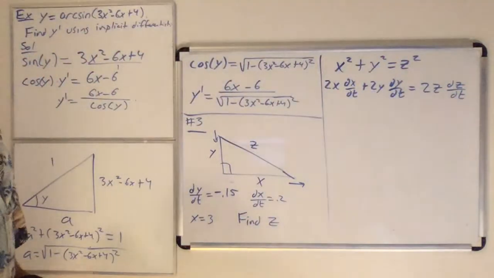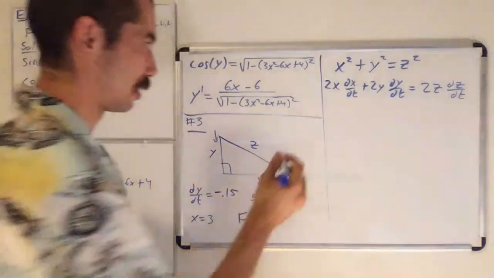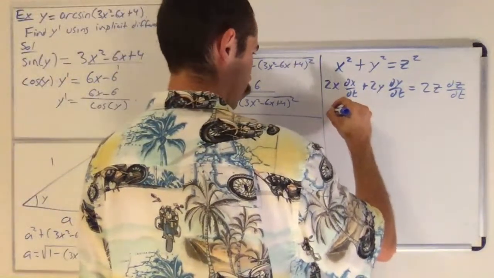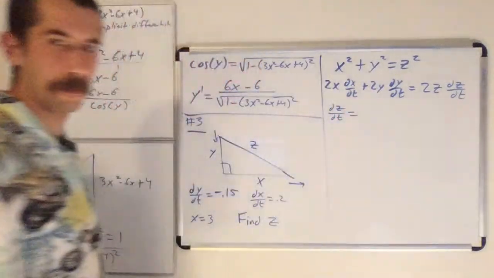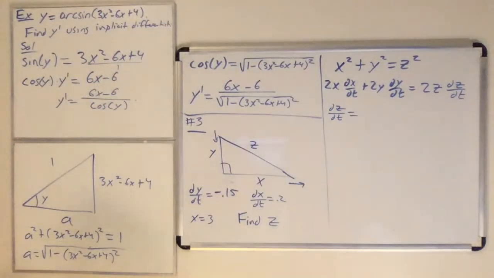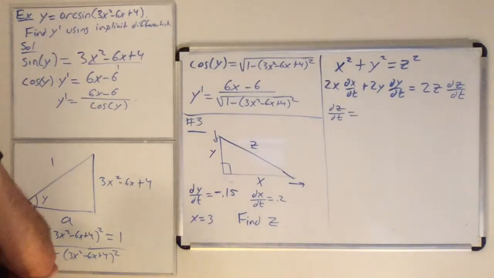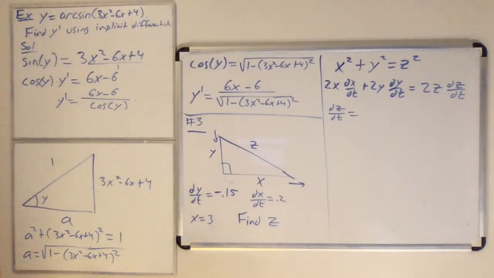And so my question before we move on is, what is dz/dt? So how much is the length of the ladder changing throughout this question?